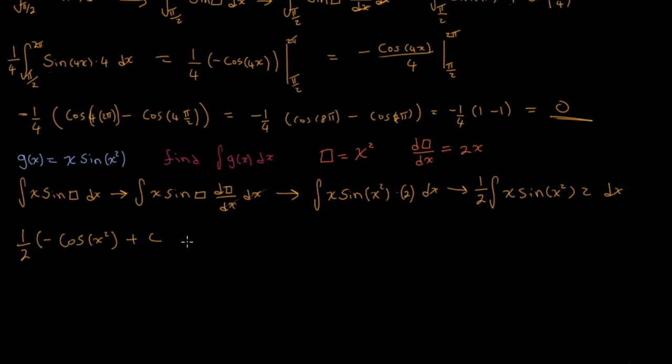And to simplify that, we can write it this way: negative 1 over 2 cos x squared plus c. And there would be our answer. So that's how you calculate the integral of a sine function.